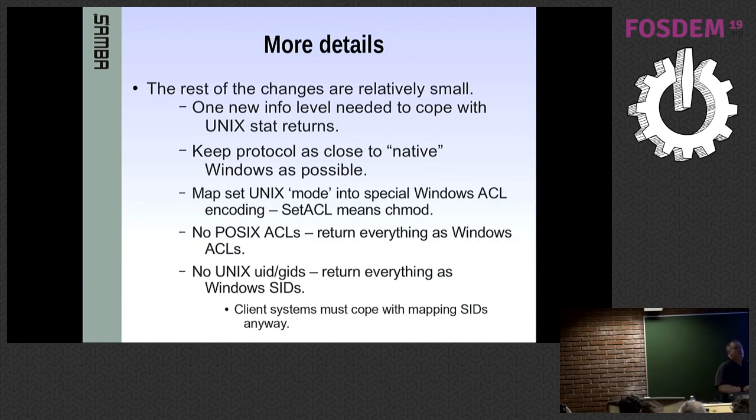POSIX ACLs. Anyone here use POSIX ACLs on their Unix server? Tough. Windows ACLs, they're gone now. Windows ACLs only. Your POSIX ACLs will have to be mapped into Windows ACLs on a best effort basis. As ZFS is becoming very, very common on FreeBSD and Linux systems, yes, I know about the licensing, people still use it.